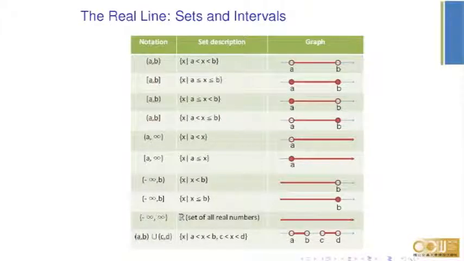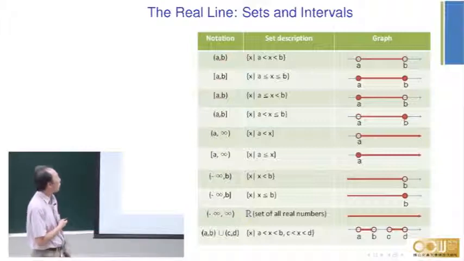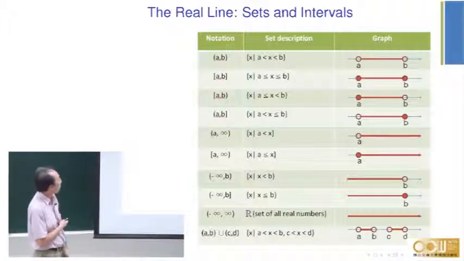Note that we can associate real numbers with points on a line, and any point can be associated with a real number. So here are some notations about sets and intervals on the real line. I'm going to show you by one table.